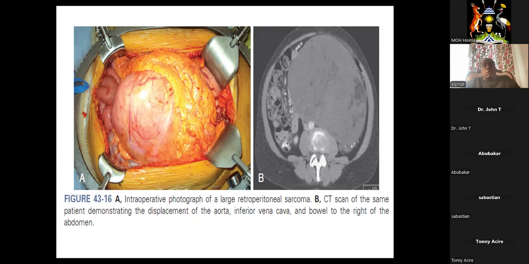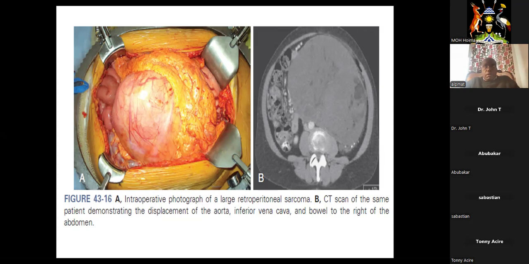If you go back into your embryology again, you'll be able to determine that some organs are primarily retroperitoneal and the other organs are secondarily retroperitoneal.